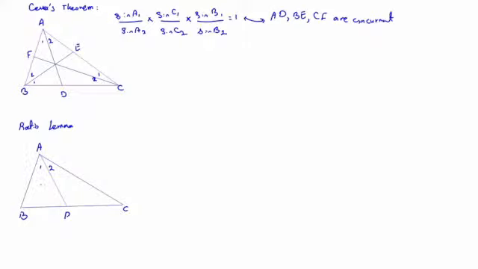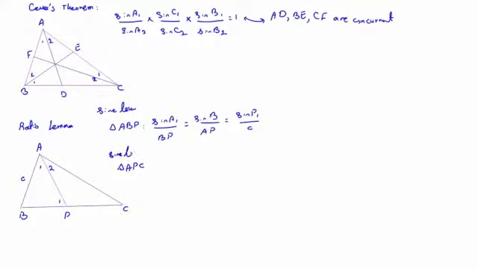If you use the sine law in these two triangles, in the first triangle ABP, sine A1 over BP equals sine B over AP, which also equals sine P1 over C. If we consider triangle APC and again the sine law, sine A2 over PC equals sine C over AP, which equals sine P2 over B.